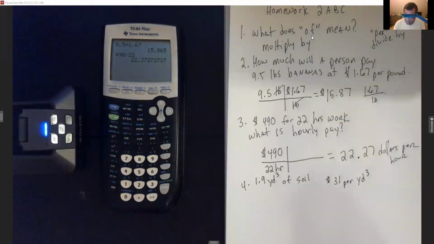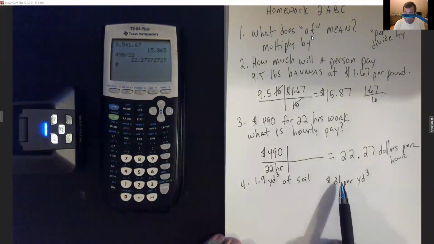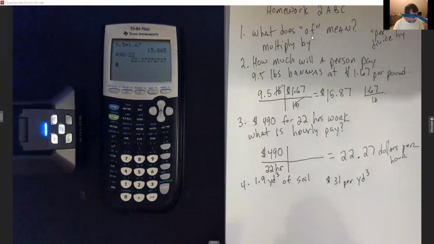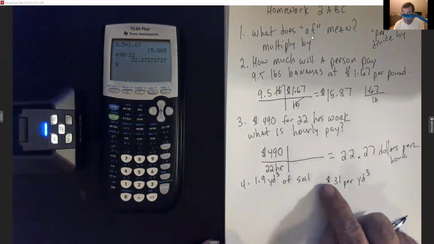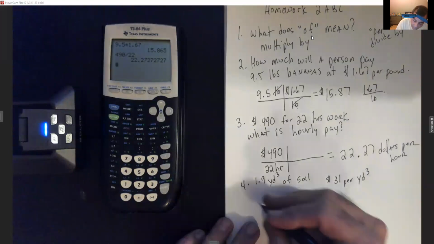Okay, so we want 1.9 cubic yards of soil, and it's going to cost us $31 per cubic yard. So since we're looking for our total cost, when we're done, we should only end up with the money and not the yards, okay? So y'all watch what I'm going to do.